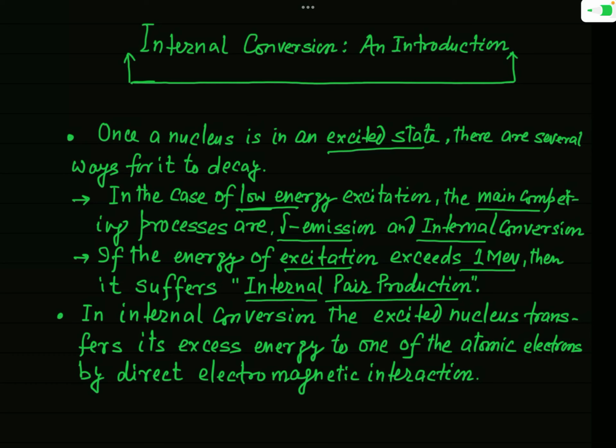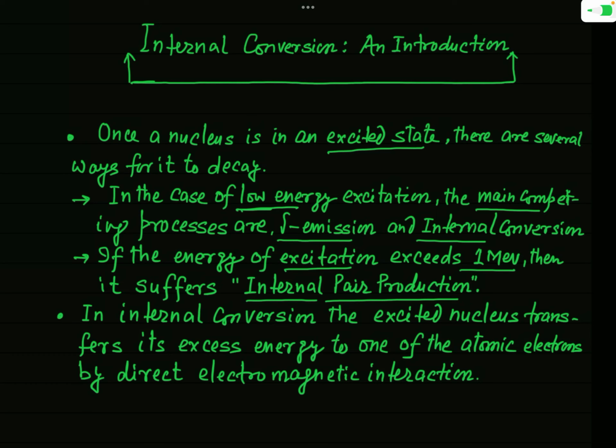But in this lecture, our aim is just to introduce you to the process of internal conversion. So one thing you should remember, that in this lecture you will get only an overview of this very important phenomenon. The detailed analysis of this process we will discuss in the forthcoming lecture. This lecture is only aimed to introduce you to this process.